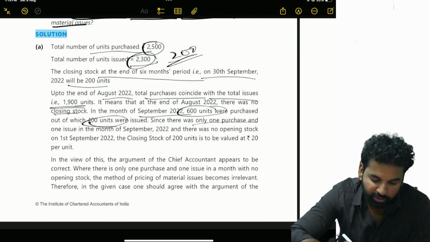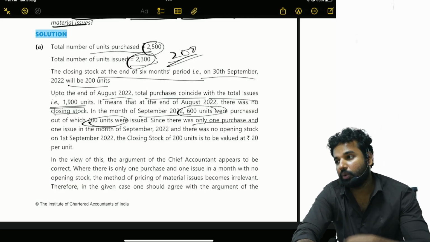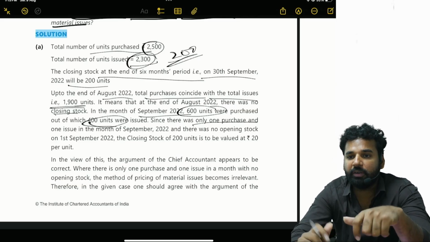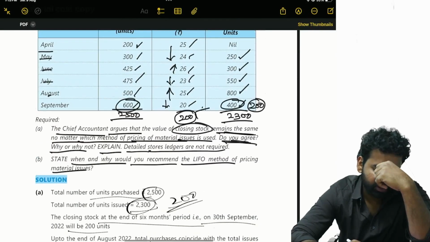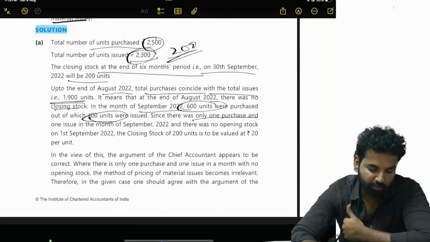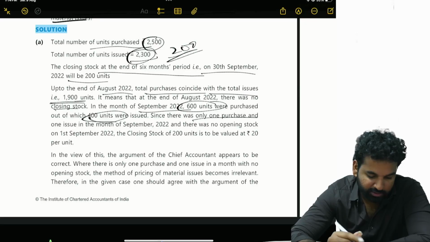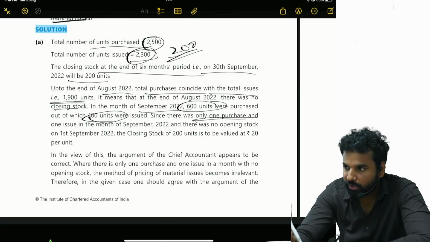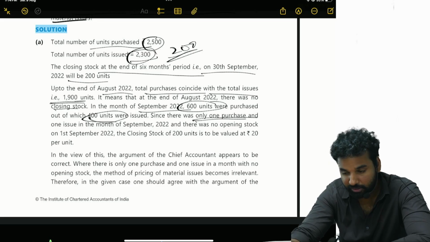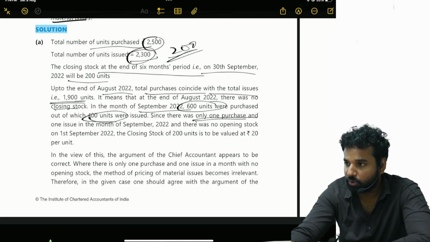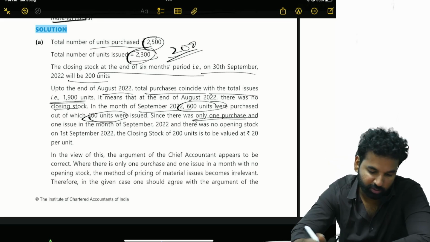So there was only one purchase, no multiple purchase, no different prices. Only one price is there: 600 units at 20 rupees each. So there is only one transaction, and there is no opening stock. In such a case, LIFO method and FIFO method both show the same closing stock.